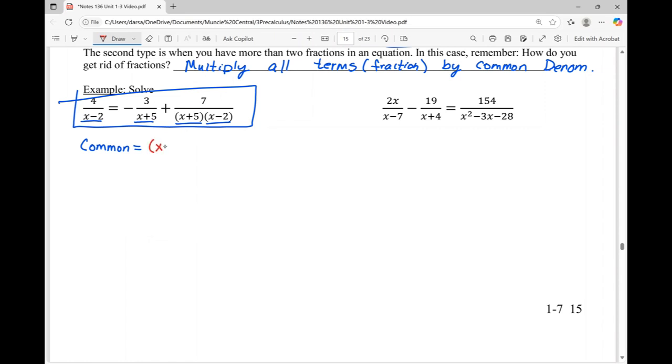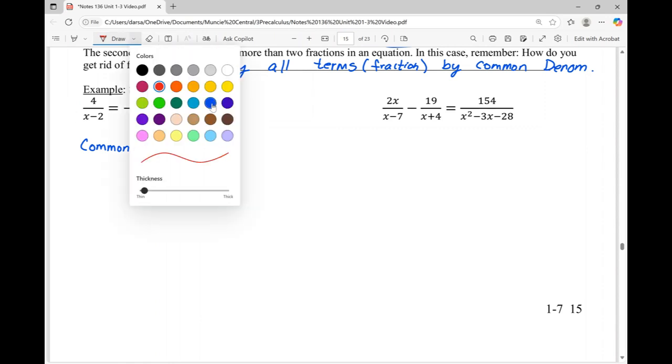So I see at most in each one an x minus 2 and an x plus 5. There's no more than one in any of those fractions. So our common denominator is going to be x plus 5 times x minus 2.